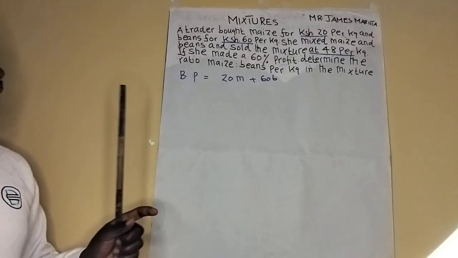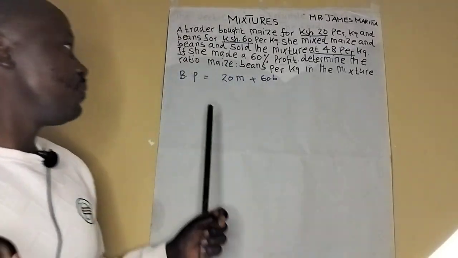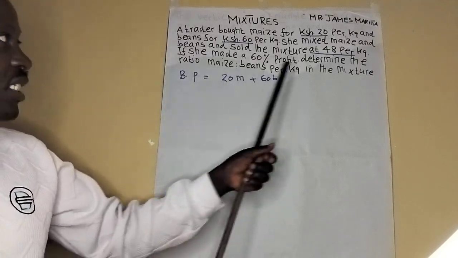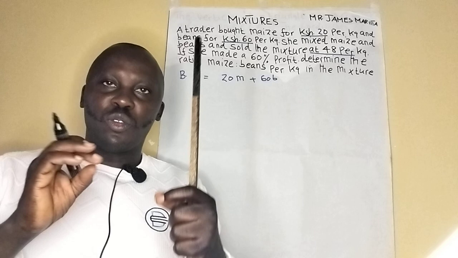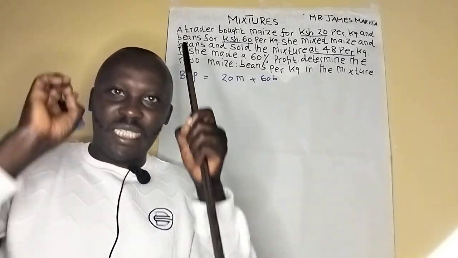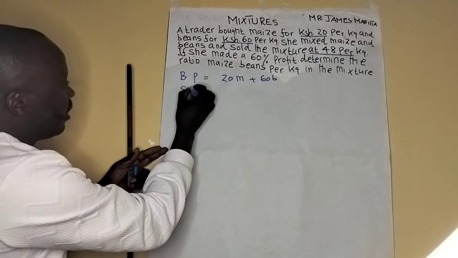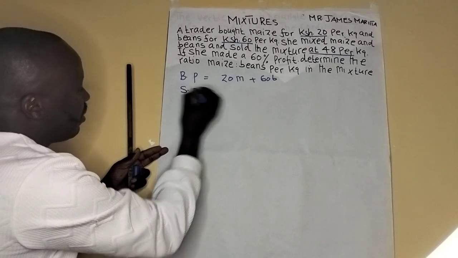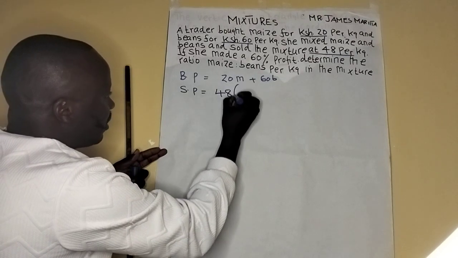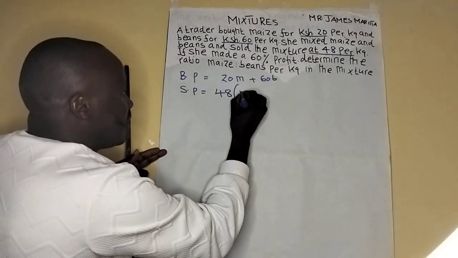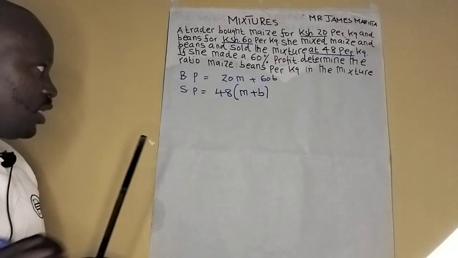After mixing the kilograms of maize and the kilograms of beans, she sold the mixture at 48 shillings per kilogram. So what we need to get here is the selling price. The selling price is 48 per kilogram, but remember it is a mixture of maize and beans.